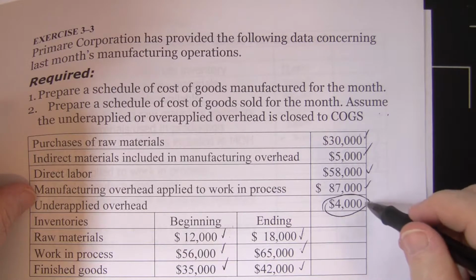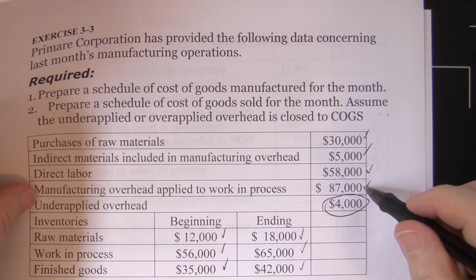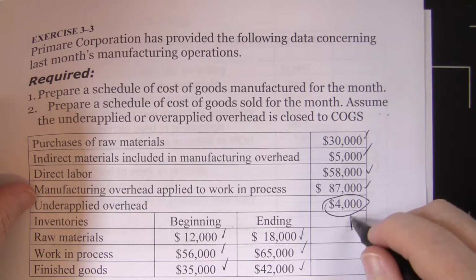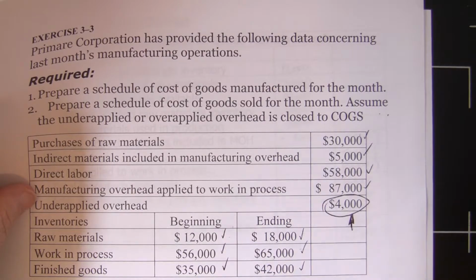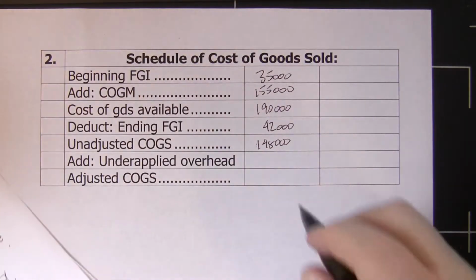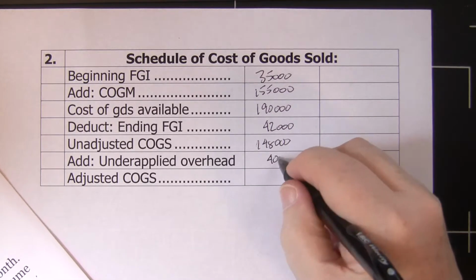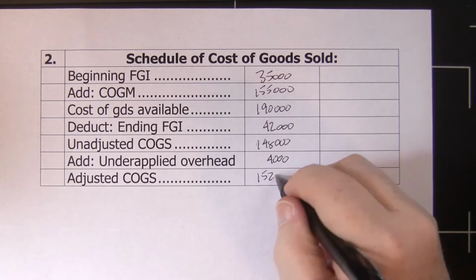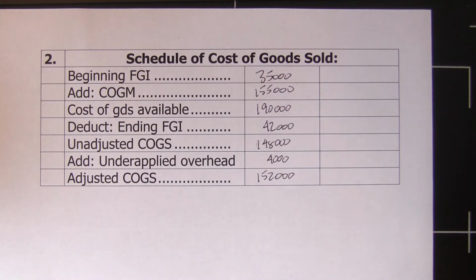In other words, we had $91,000 worth of overhead. We only applied 87,000. So we have to put this $4,000 to cost of goods sold. So we add that to cost of goods sold, and our adjusted cost of goods sold is $152,000.